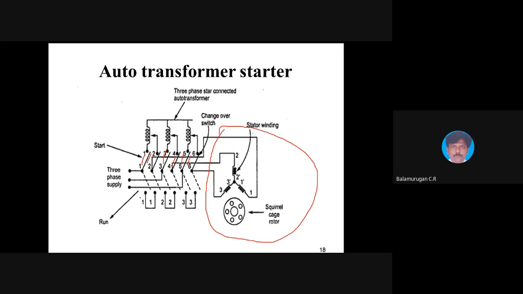During the normal condition, the switch will be in the upper side only. So if we give the 3-phase supply input, what will happen? All these terminals are connected. From which terminals does the stator receive supply, the odd terminals or the even terminals?